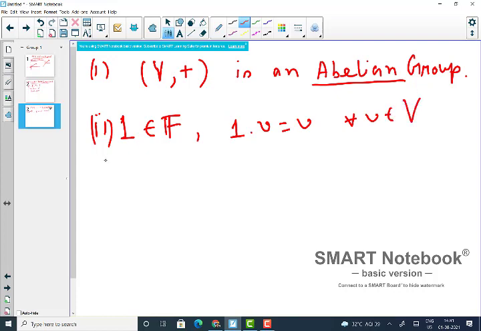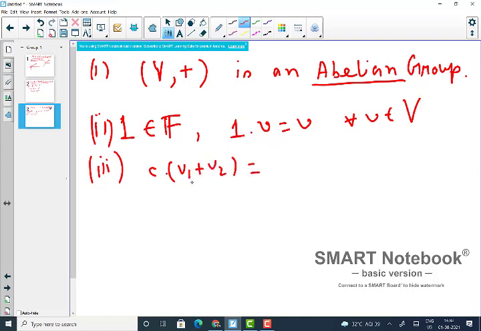Similarly, consider the distributive property of dot over addition. You choose a scalar c and vectors v1 and v2.